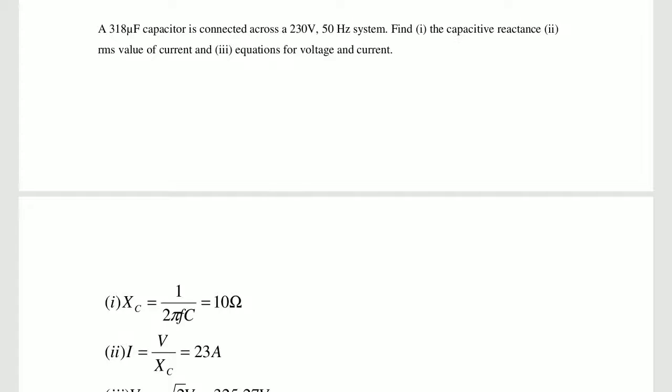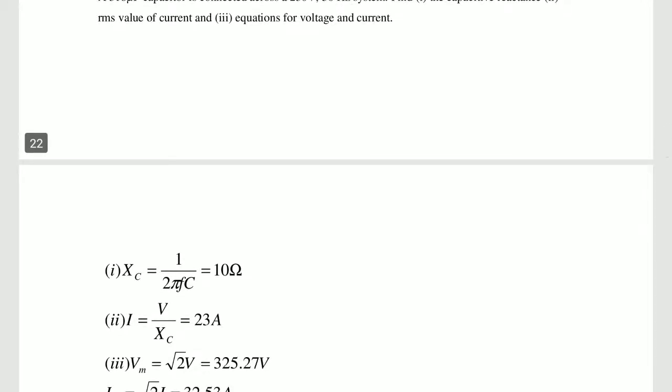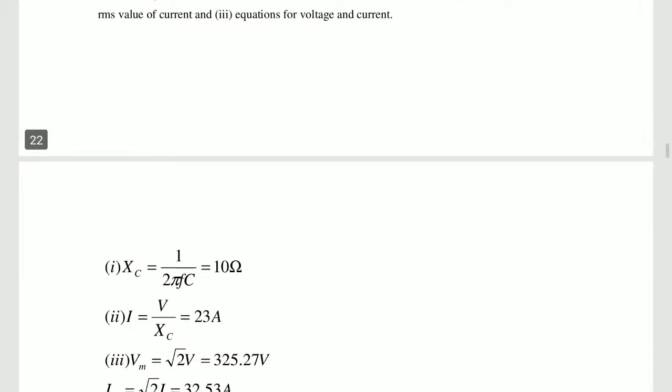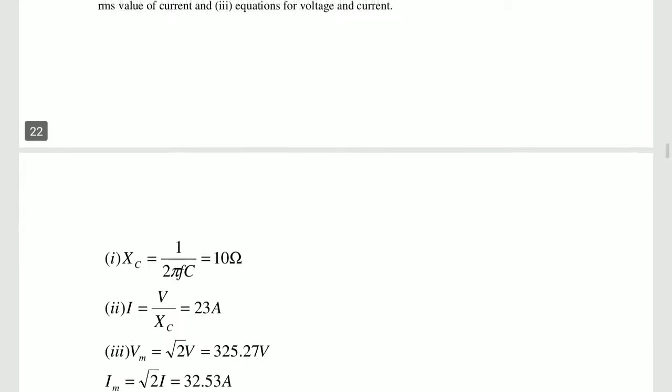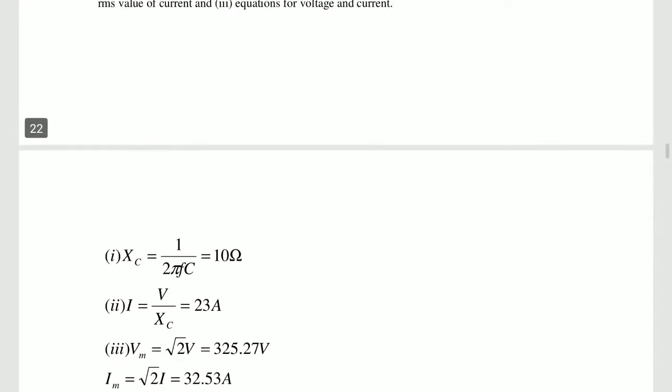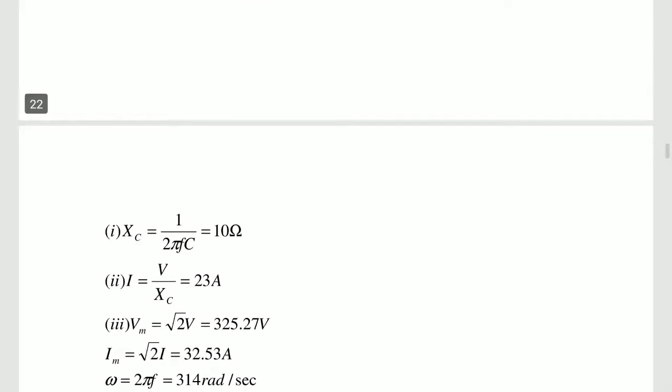So now the maximum voltage Vm. In previous cases also we determined maximum voltage and maximum current. Why is the maximum voltage and maximum current required here?